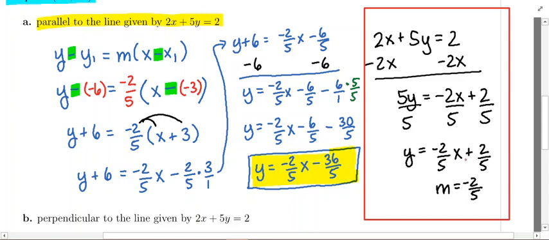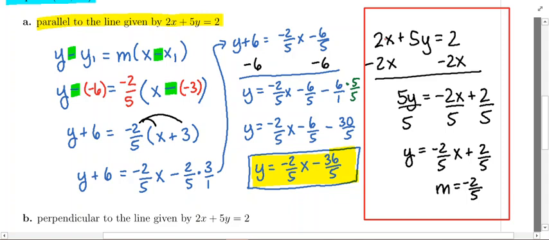We had to do that so that we could read off the slope of that line. Once it was in y equals mx plus b form, we could see that the slope of this line is -2/5. So in part A, we used the same slope when we plugged into point slope form because the line that we were looking for had the same slope as the line 2x plus 5y is equal to 2, because we were told they were parallel.